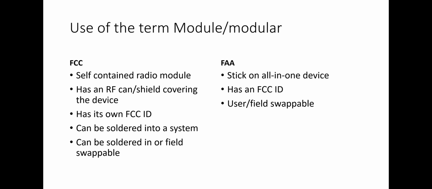Whereas the FCC's rule on the term modular is a modular transmitter, which can be full modular or limited modular. This is a self-contained radio device. So like when you're looking at an ESP32 and it has the RF can over most of the circuit, and then there's maybe a little inverted F antenna, that's designed as a module from the FCC's point of view.